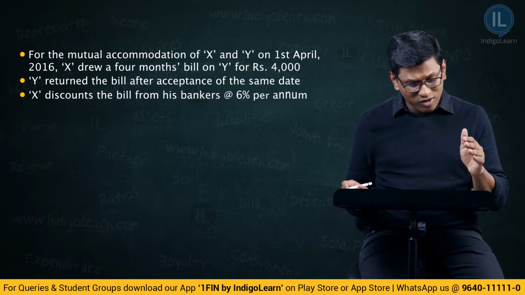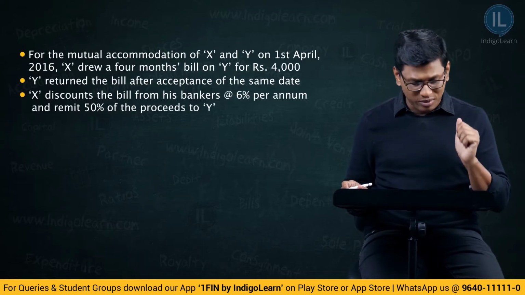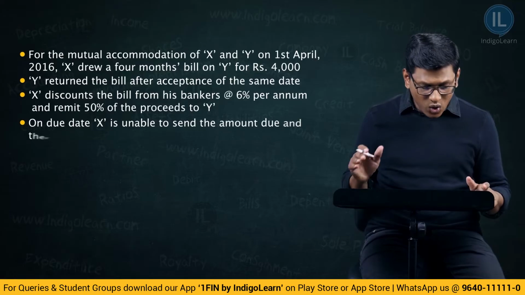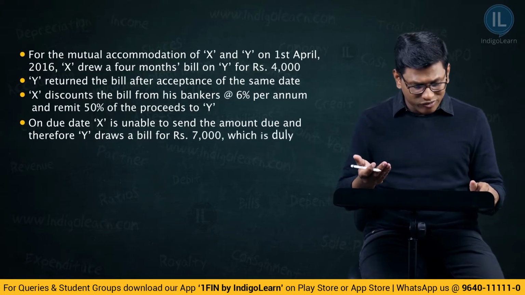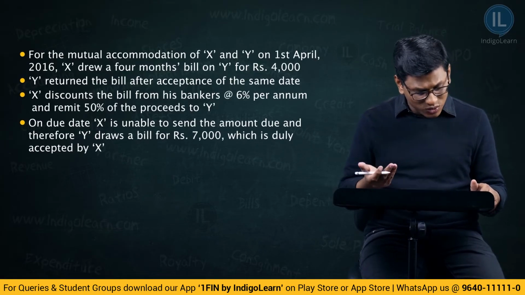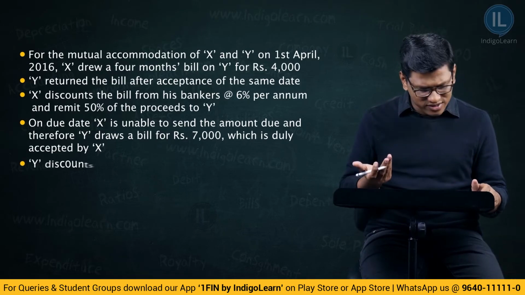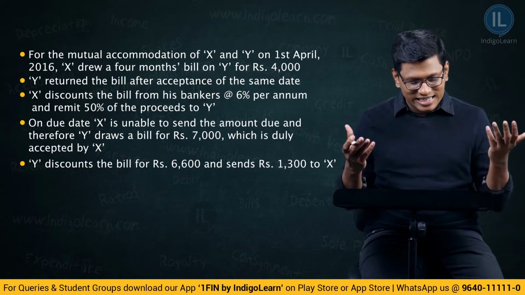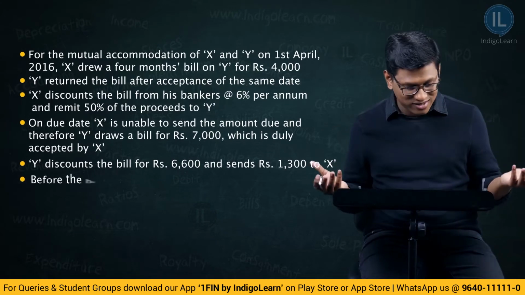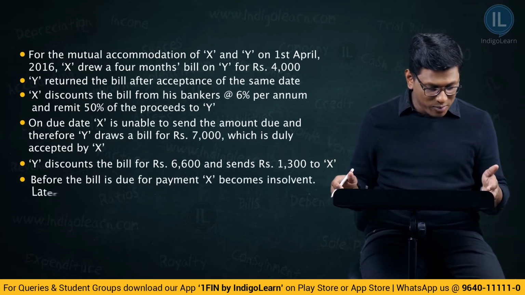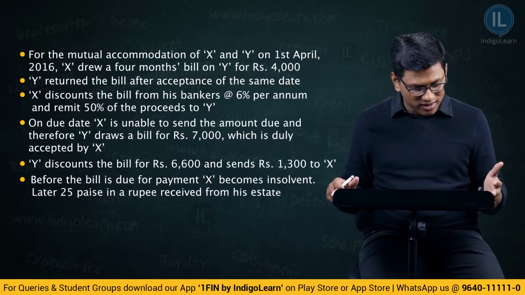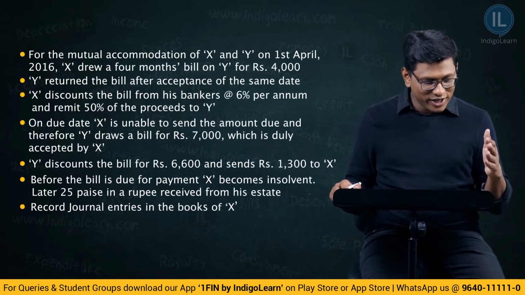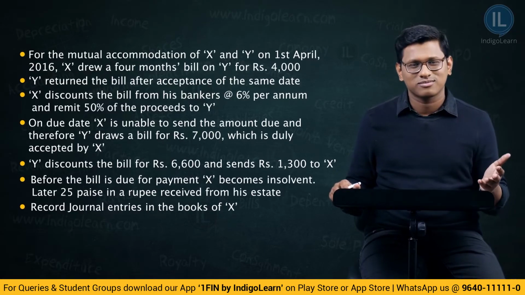X discounts the bill from his bankers at 6% per annum and remits 50% of the proceeds to Y. On the due date, Y is unable to send the amount due and therefore Y draws a bill for 7,000 which is duly accepted by X. Y discounts the bill for 6,600 and sends 1,300 to X. Before the bill is due for payment, X becomes insolvent. Later, 25 paise in a rupee is received from his estate.